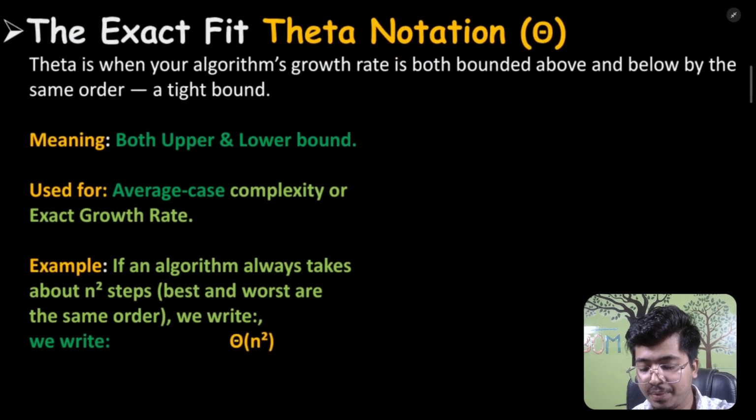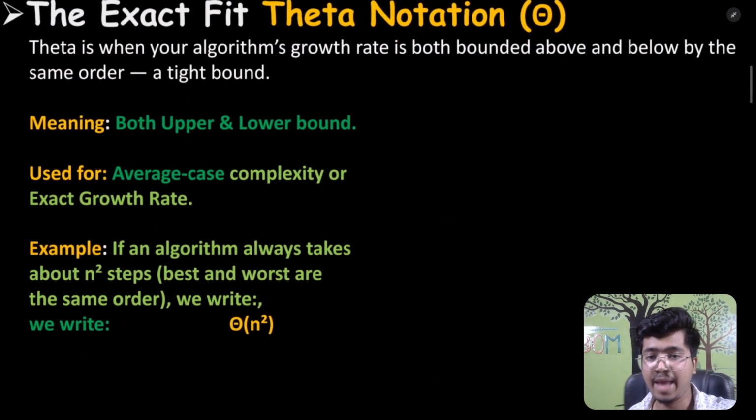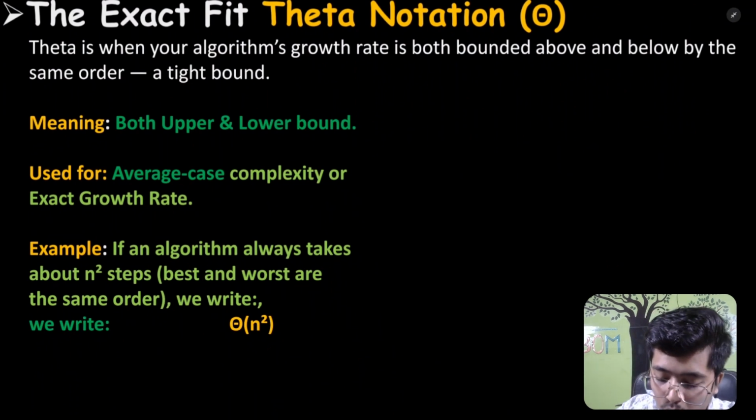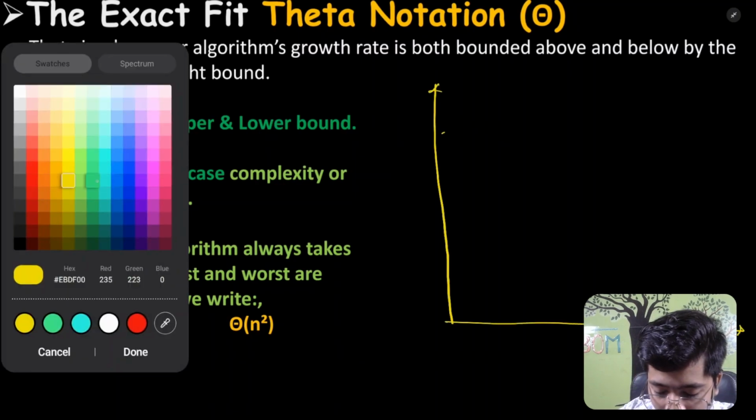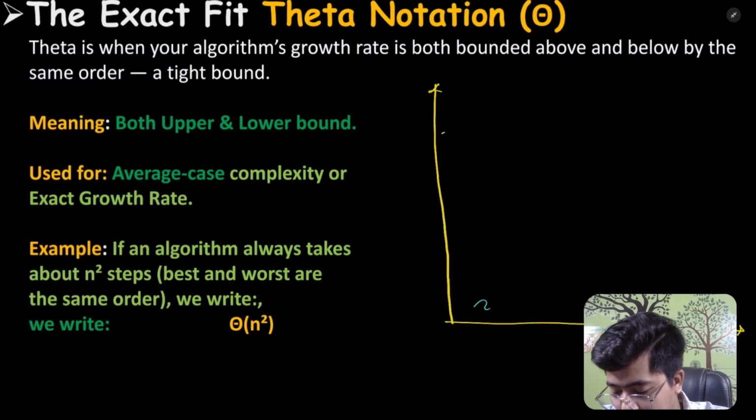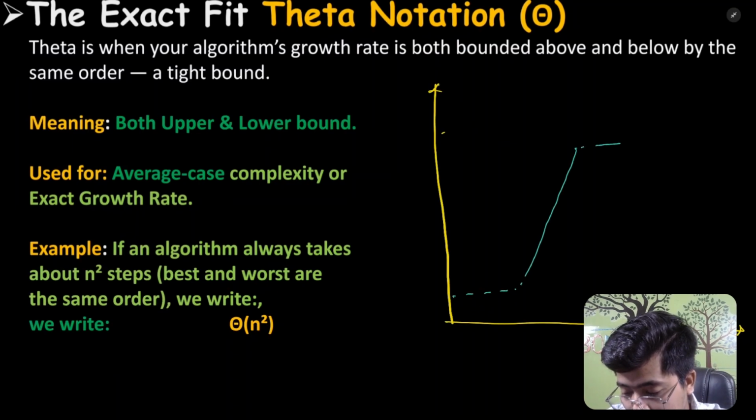And now we'll be observing the exact fit theta notation. Theta is when your algorithm's growth rate is both bounded above and below by the same order. As I've already told you, let's say this is our algorithm function, and this is the growth rate.